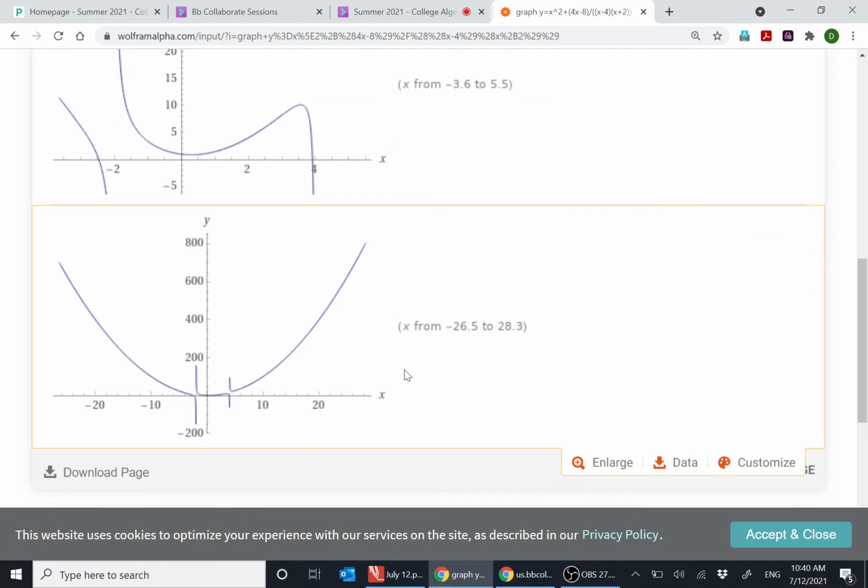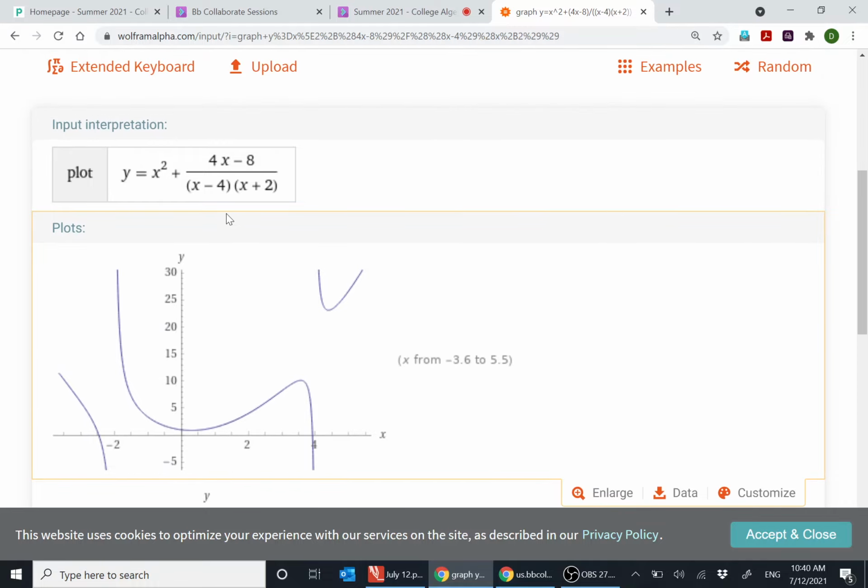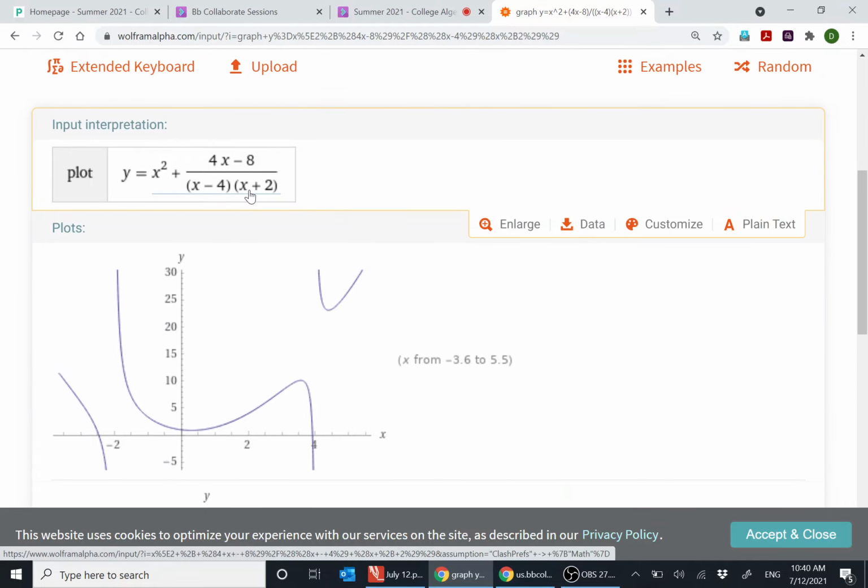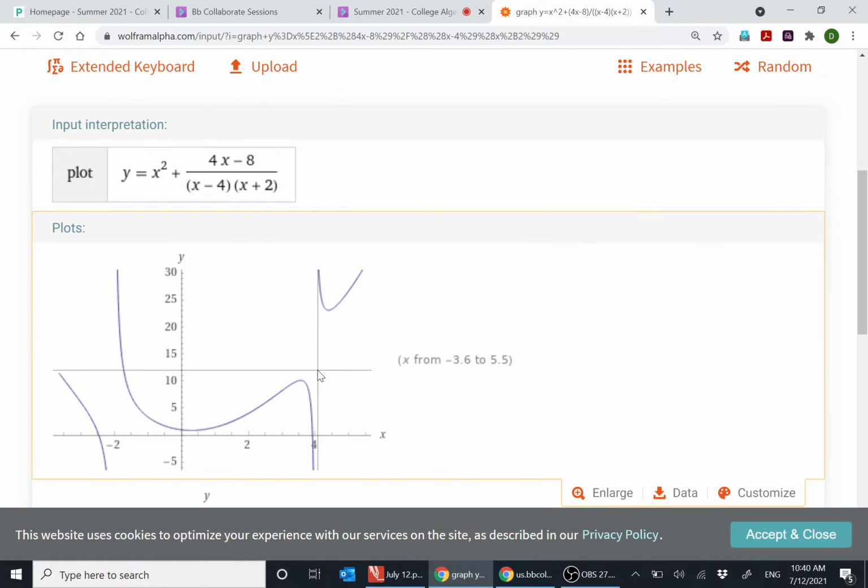There it is. That's the parabola y equals x squared. There's funny stuff going on in the middle for smaller values of x, where the denominator is equal to 0, at x equal to negative 2 and at x equal to 4. So you have a vertical asymptote at x equal to 4, and another at x equal to negative 2.